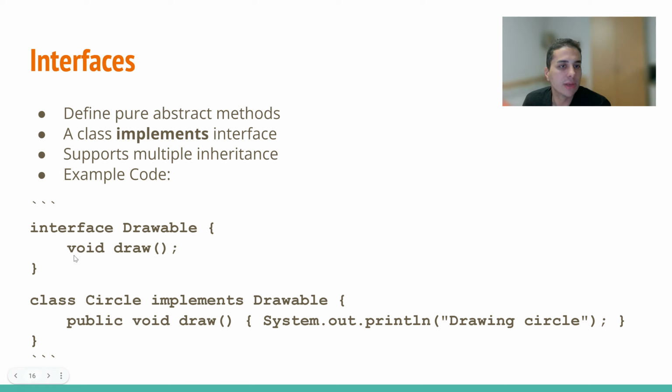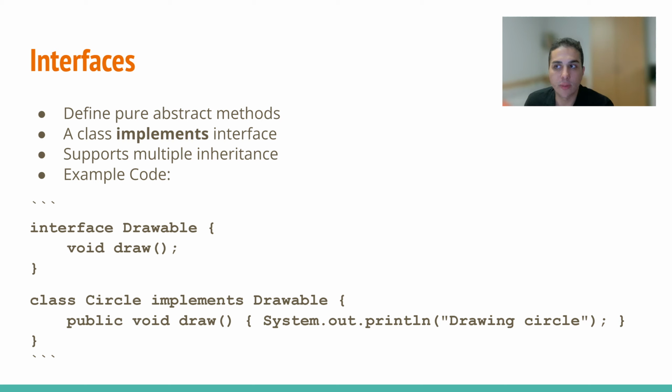For example, we have the void draw, but there's no function body, and here we are declaring drawing circle. And we don't even use override or anything. This allows us to use polymorphism. You can treat all Drawable objects the same, just calling draw, without knowing the exact class. And it also allows you to have multiple implementations.